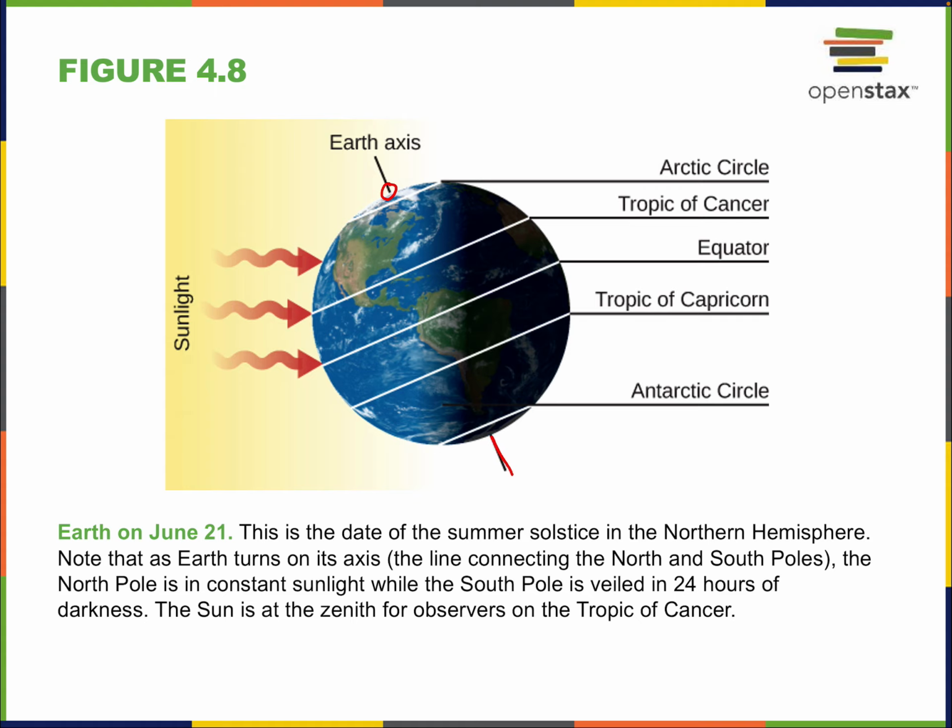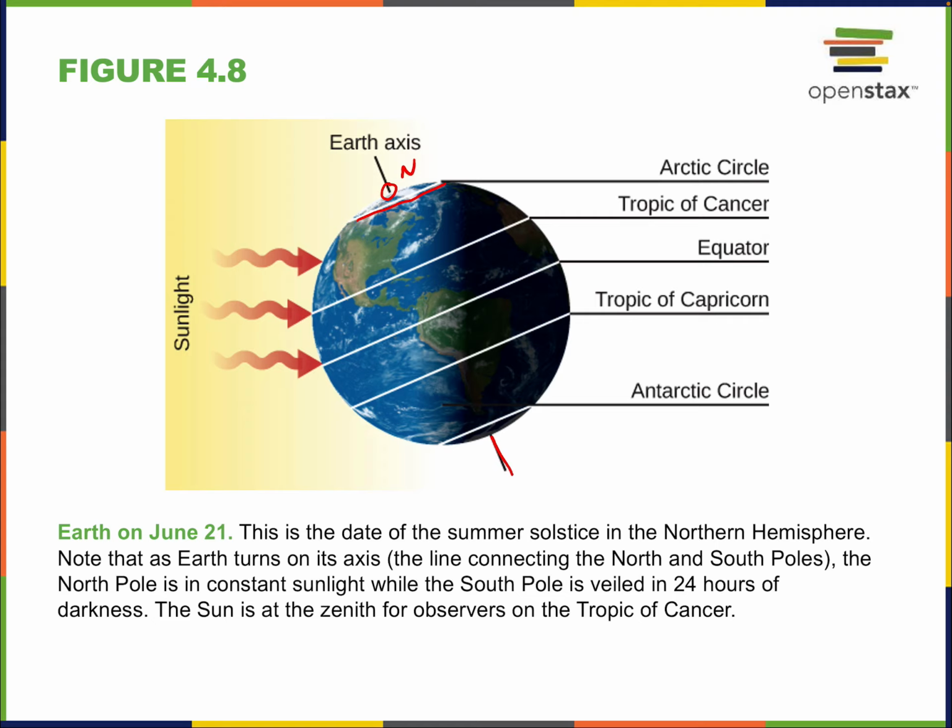But we see that the Arctic Circle, shown here as this white line, or the North Pole itself, are facing towards the sun. They are getting 24 hours of sunlight. The sun never sets. We have a midnight sun for many, many months of the year, right at the North Pole. For almost 3 months of the year, the sun never sets, okay? All right, now the angle of the sunlight would still not be that direct.